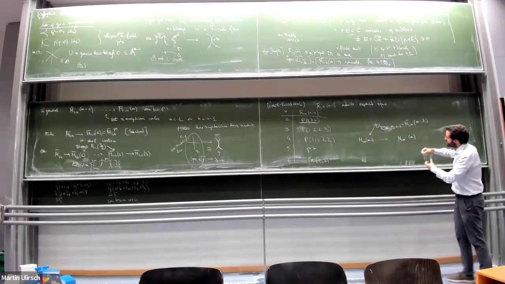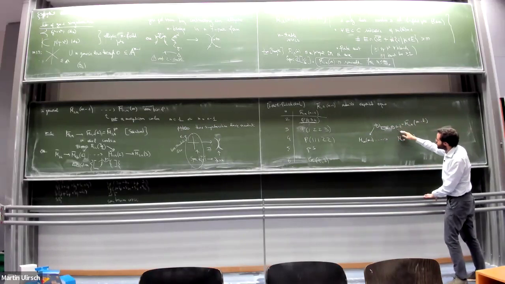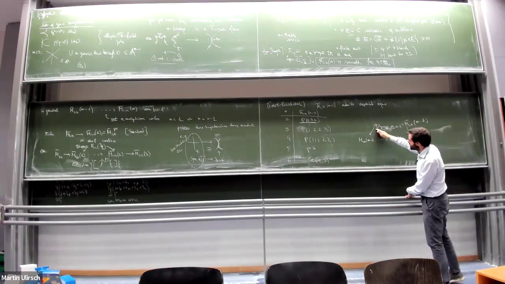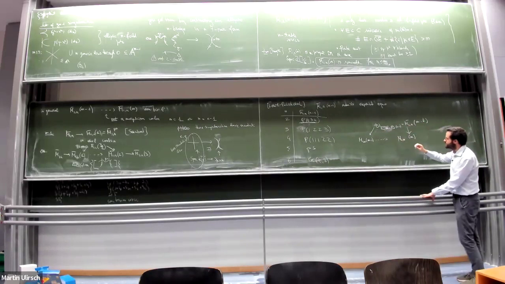Actually, you can construct the universal curve over this locus and produce an m-stable point, so you get the map down here. And now this is an ordinary blow-up, and this solves the indeterminacy.